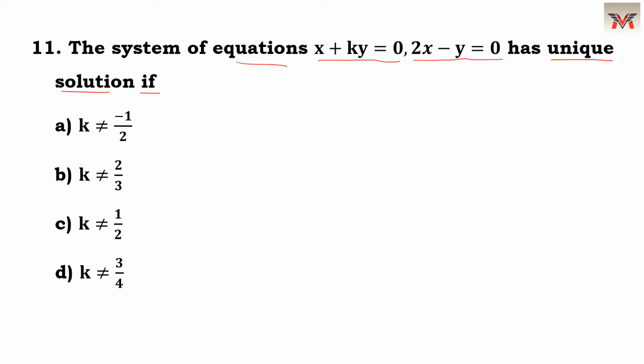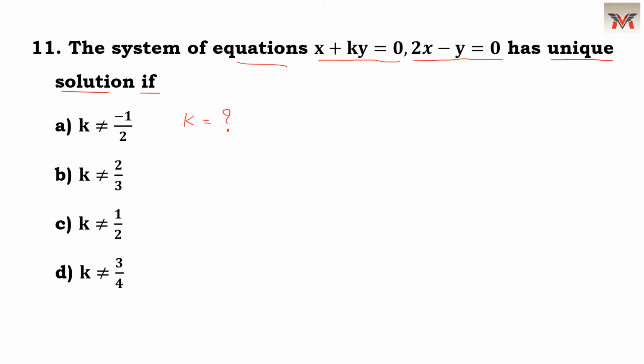In other words, out of the given options, we have to observe for k equal to what value the equation goes with either infinitely many solutions or no solution. So we substitute the value of k from the given options and check whether it goes with either no solution or infinitely many solutions.